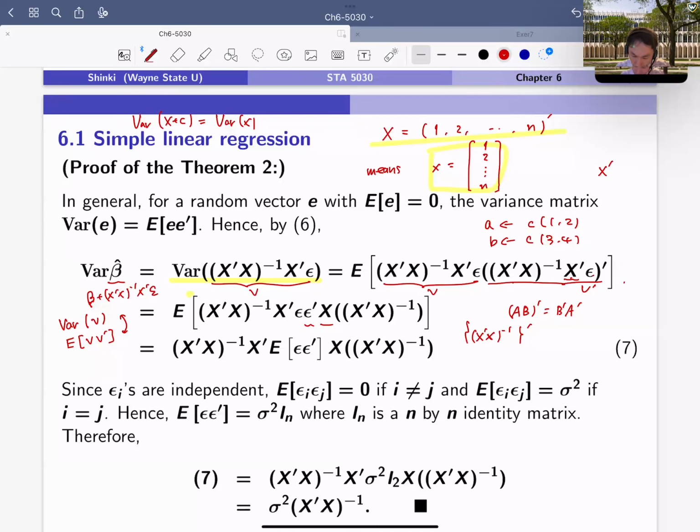Okay, so (X transpose X) inverse. Maybe we have originally this equality, right?